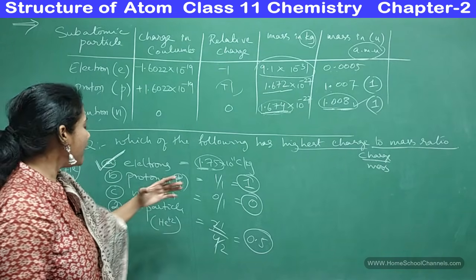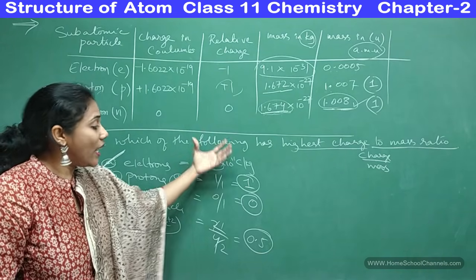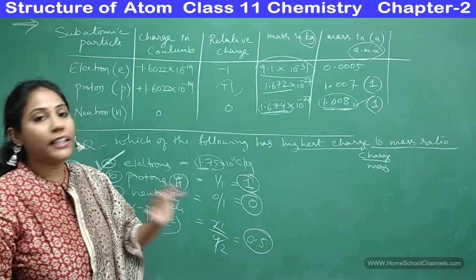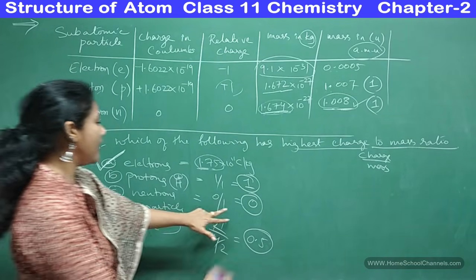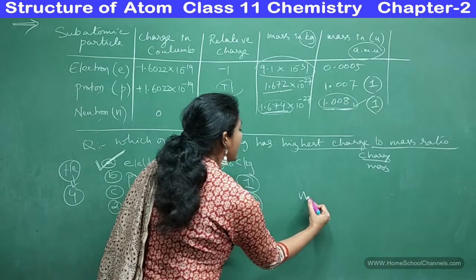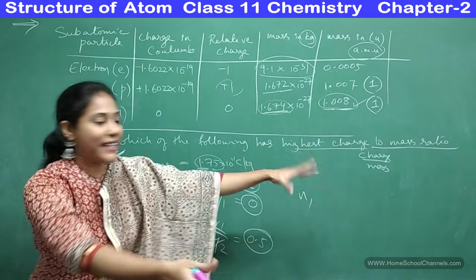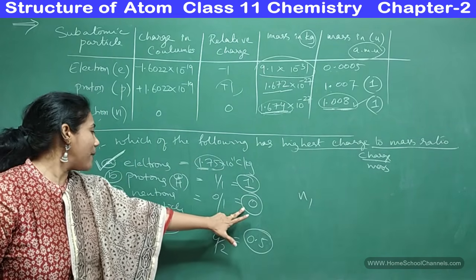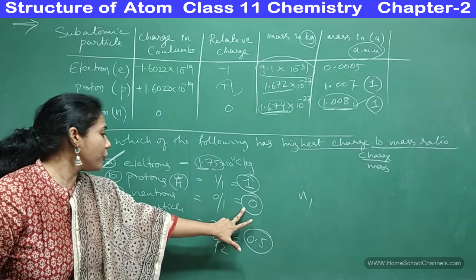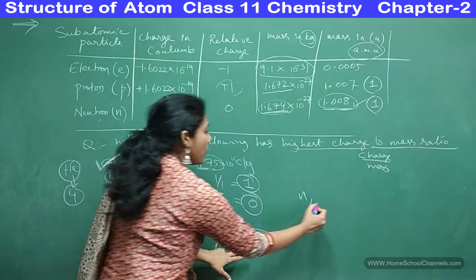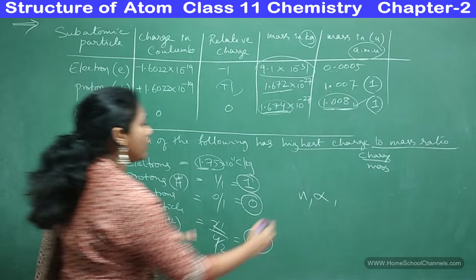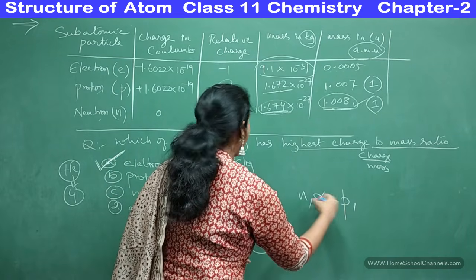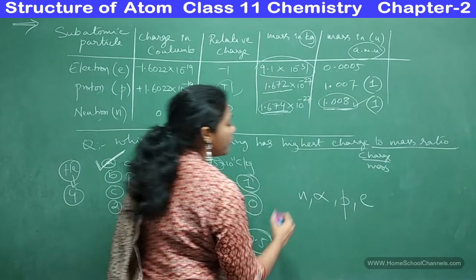So if I ask you the same thing to arrange them in the increasing order of their charge to mass ratio, how do you arrange? Increasing order means least to highest value. Least charge to mass ratio value you will find for neutron, and later comes your alpha particle, and after that comes your protons, and highest value you will find for electron.